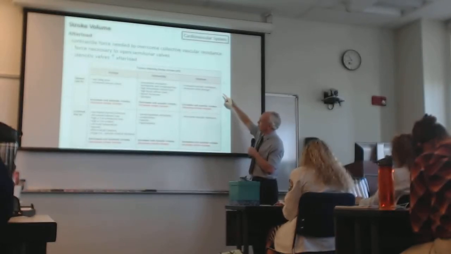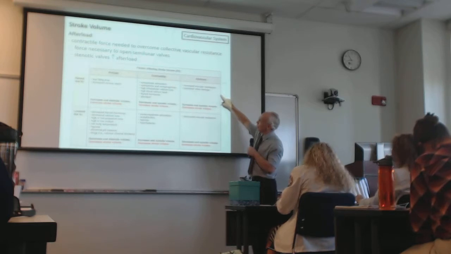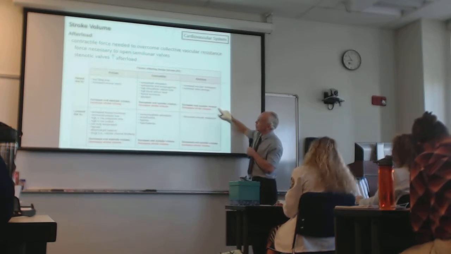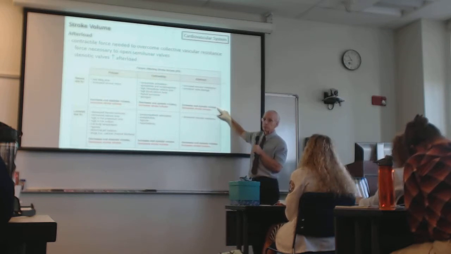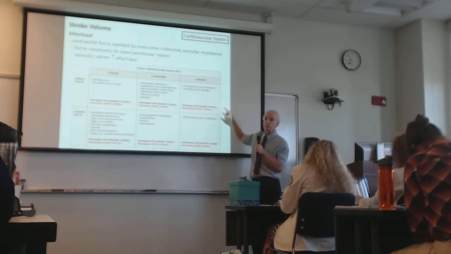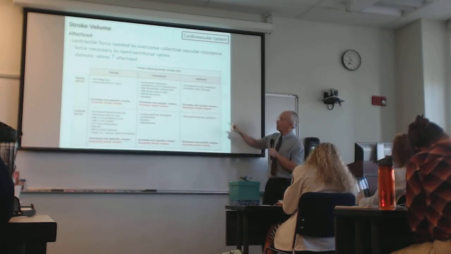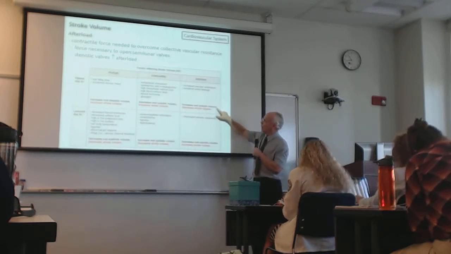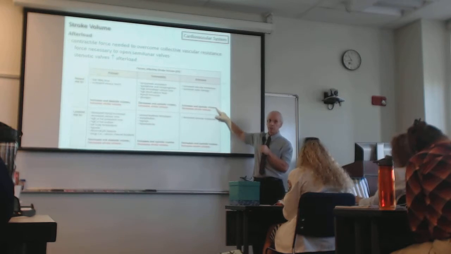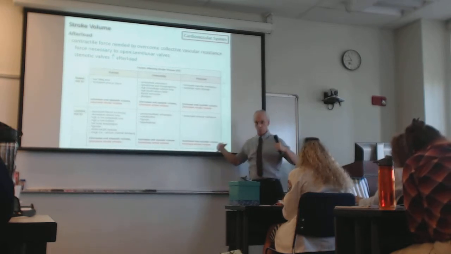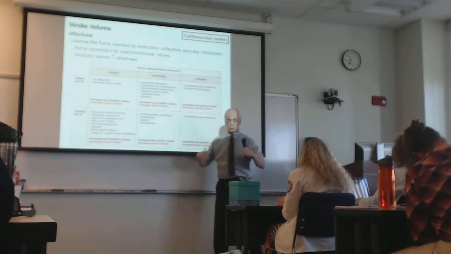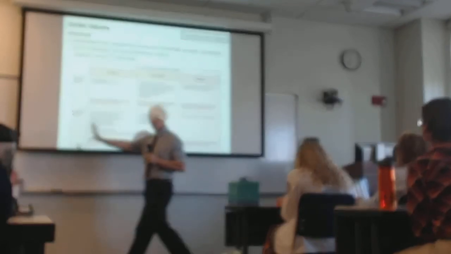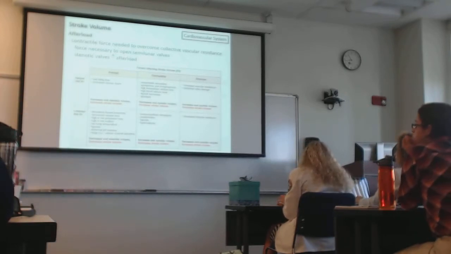Let's talk about afterload. All right, as we increase afterload, is it clear to you that would increase end systolic volume? And somebody tell me why. What is afterload? The resistance. So if afterload is elevated, why would ESV go up? Spending more time contracting. The ventricle is contracting, pushing the blood out the door here.